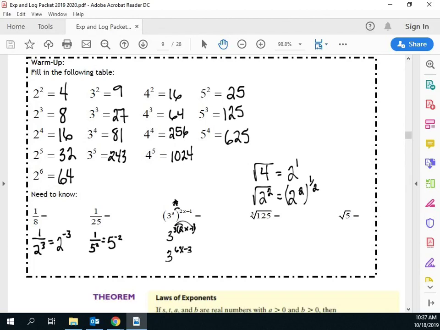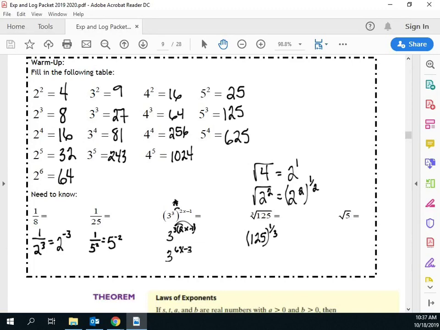So let's take that new information and see if we can apply it to what we have here. Let's not do the 125 yet. Let's just focus on the cube root first, okay? So I'm going to write 125. And what do you think it's raised to what power? 1/3.